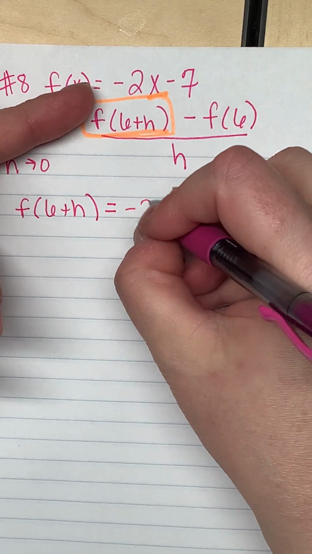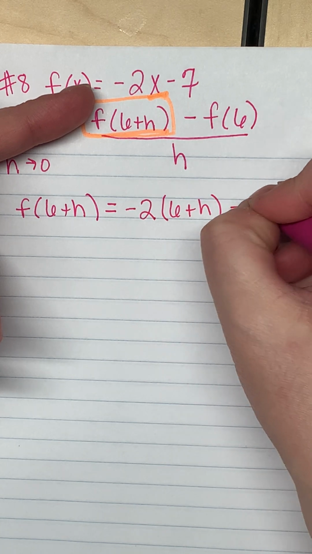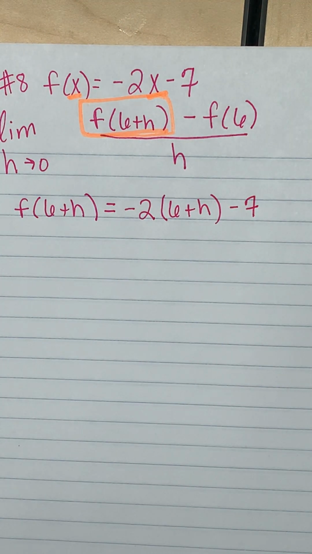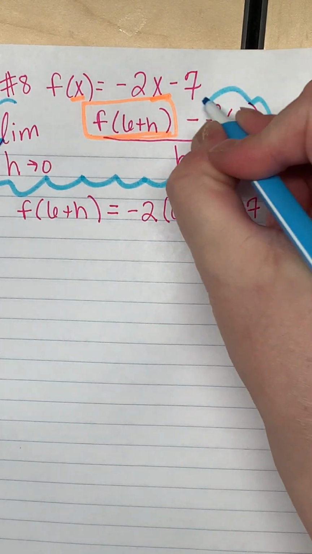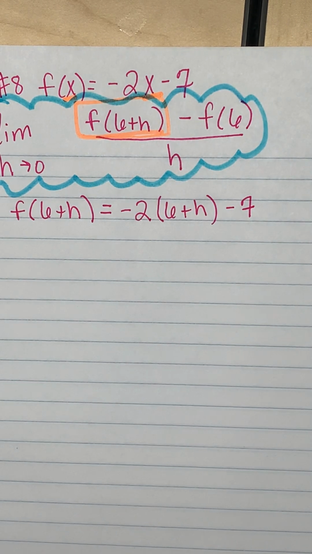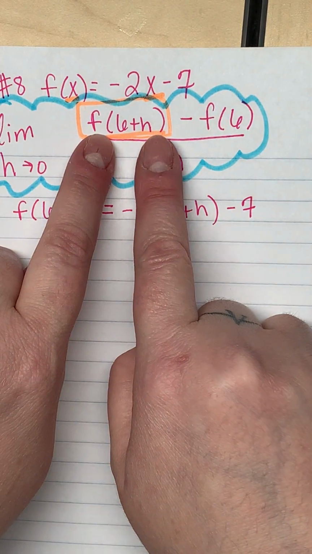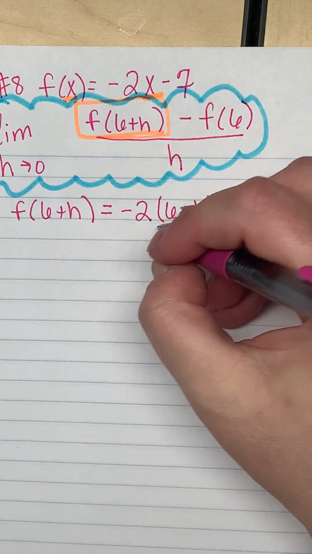Now we have negative 2 times the quantity 6 plus h, minus 7. So we're supposed to use this huge formula with the limit in it, but we can't just start plugging stuff into that formula. We have to find each piece one by one. So first we're finding this f of 6 plus h. So let's distribute.